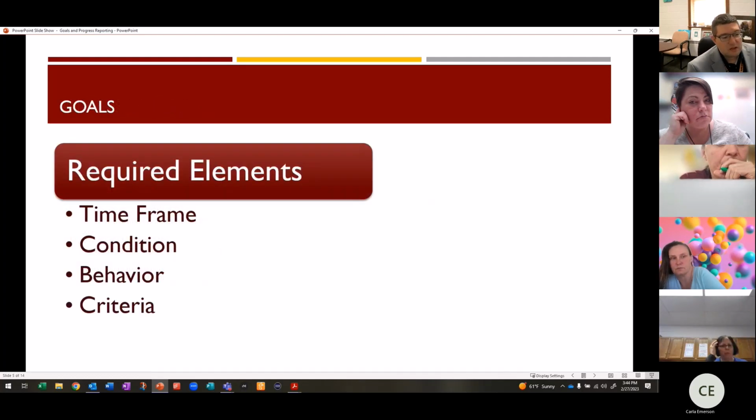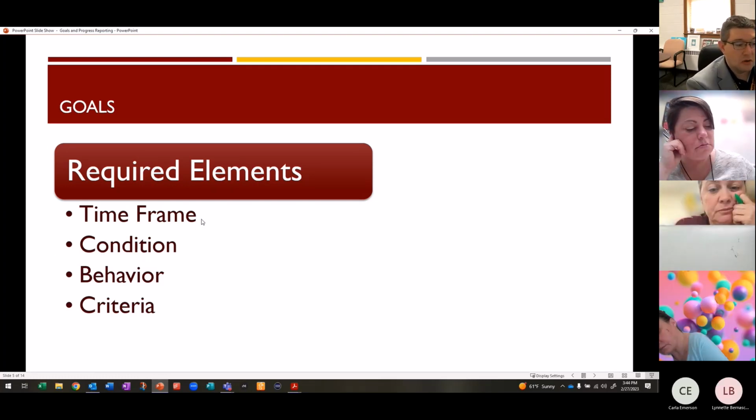So that's why we have goals, but what do we need to have in goals? When KSDE talks about measurable goals, they say that each goal needs to have these 4 elements. It needs a time frame, which is how long it is going to take us to reach this goal. It needs a condition, which is the circumstances in which this behavior or improvement should be happening.